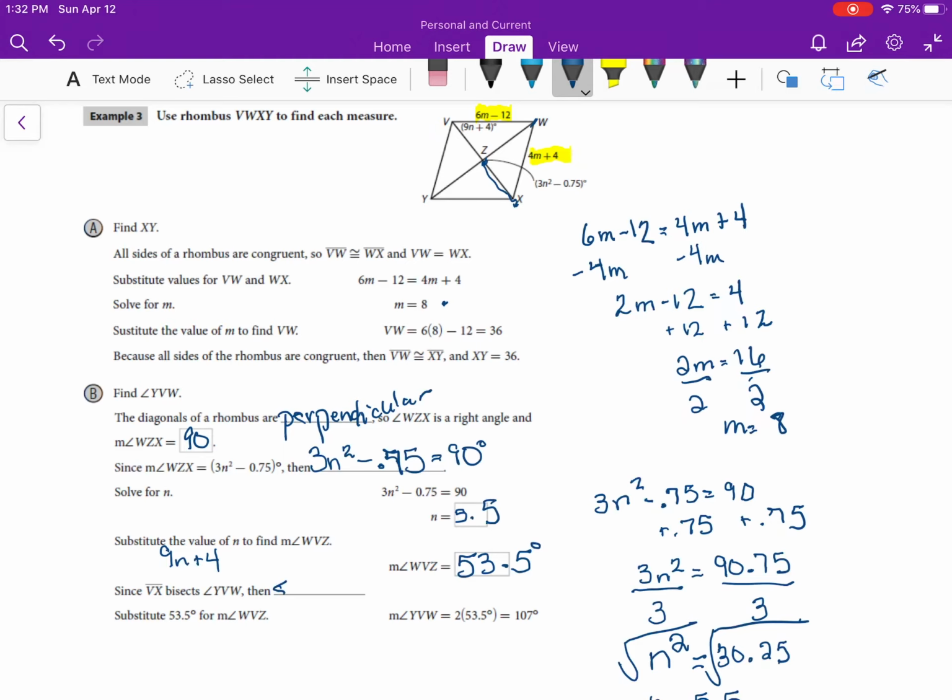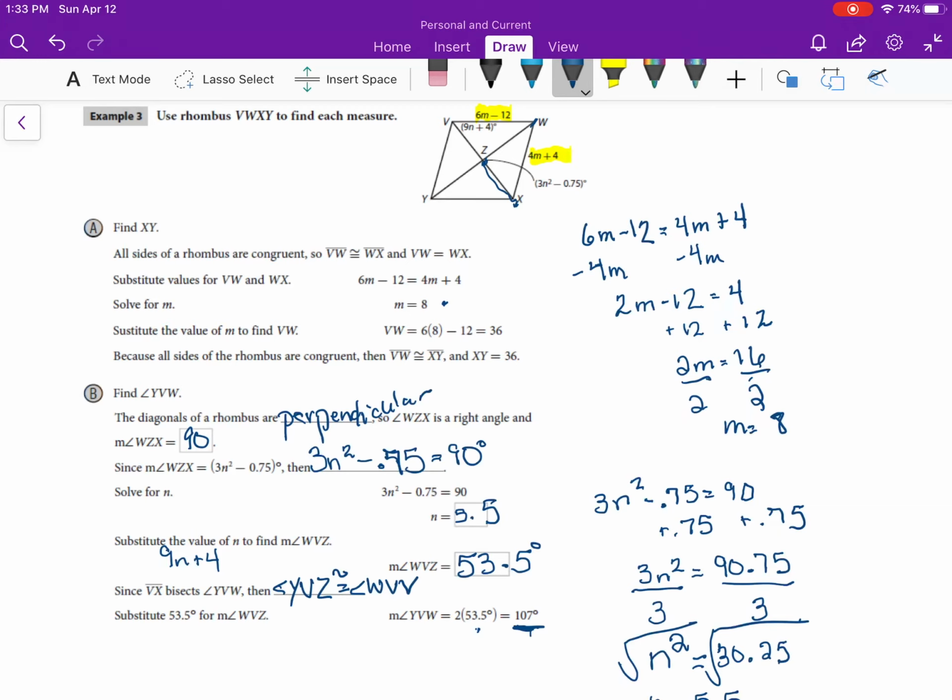So here they want us to say YVZ is congruent to WVZ. And I'm going to plug that in to discover that 2 times 53.5 gives me 107 degrees.